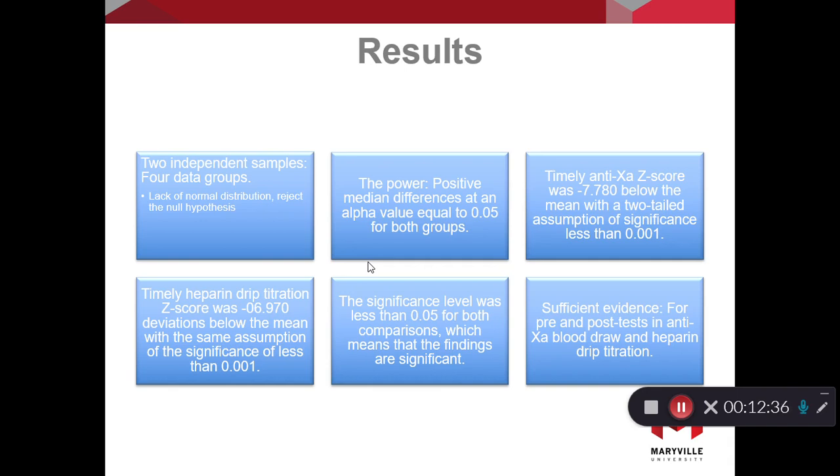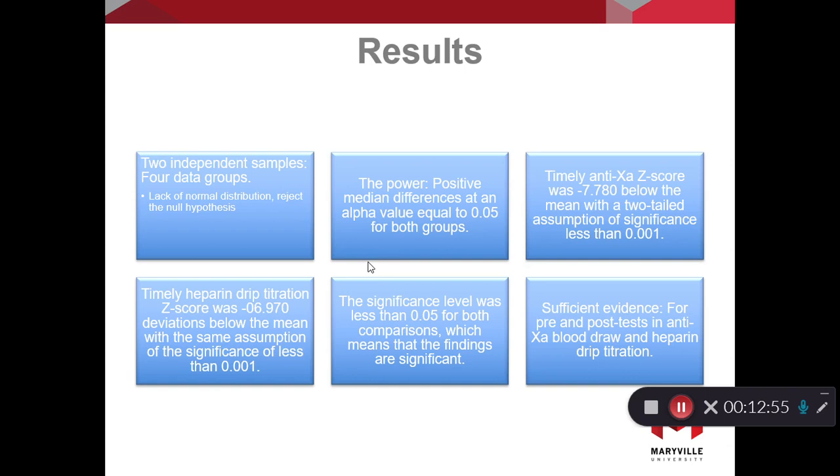The 2 independent samples had 4 groups in total, which lacked normal distribution after using the one sample Kolmogorov-Smirnov test. There was a positive median difference at an alpha value of 0.05 for both groups.